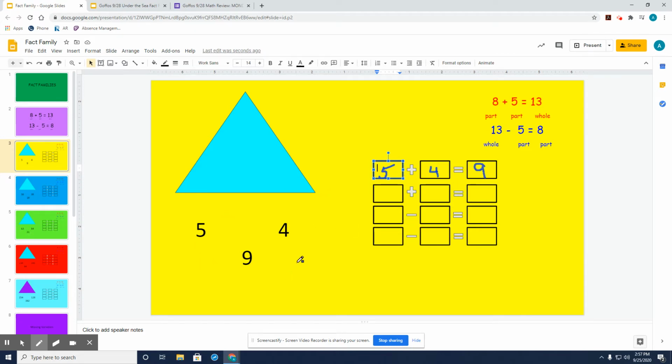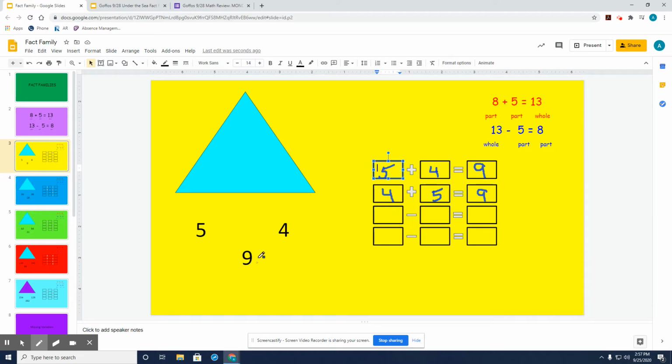And with these, you don't even have to really add or subtract. You're just plugging in the numbers where they go. So we have 5 plus 4 is 9. And then the other addition sentence, we are just flipping those numbers. 4 plus 5, but my 9 still stays on my equal sign because it is still my largest number. So 5 plus 4 is 9, 4 plus 5 is 9.